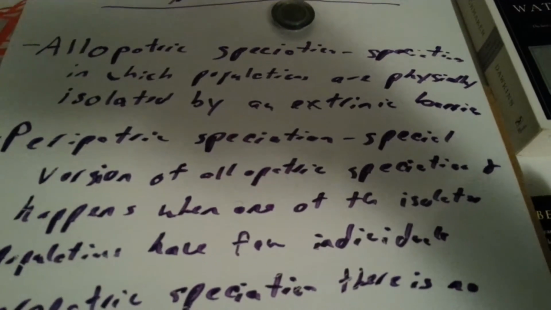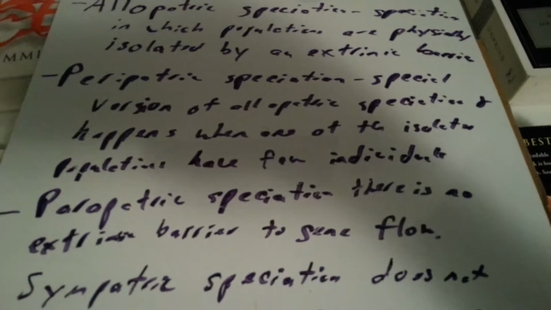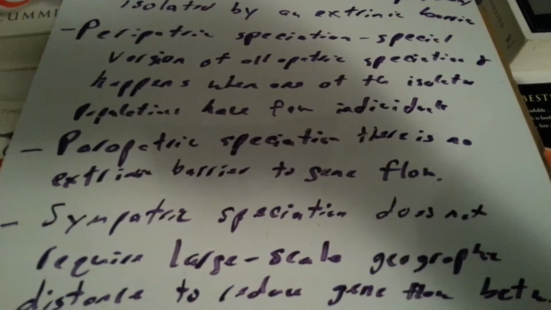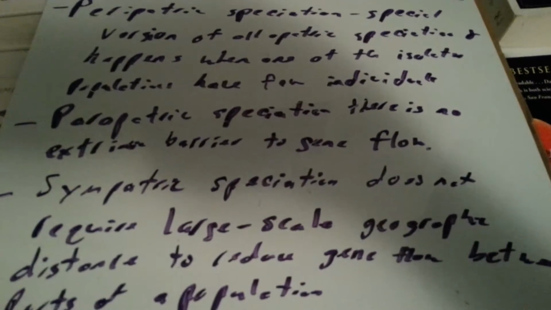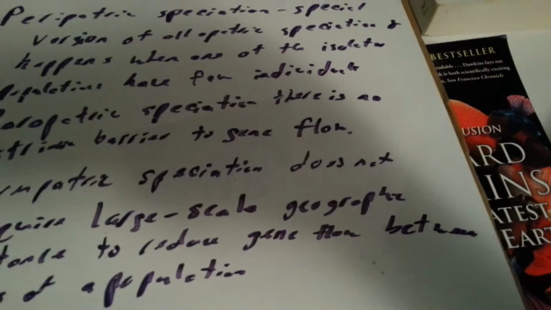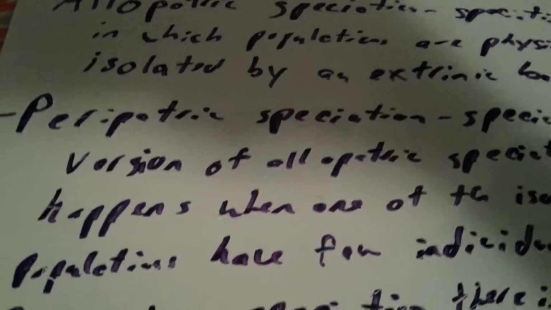I apologize for my horrible handwriting. Parapatric speciation, there is no extrinsic barrier to gene flow. Sympatric speciation does not require large-scale geographic distance to reduce gene flow between parts of a population. Now, of course, I'll go ahead and read from my notes.